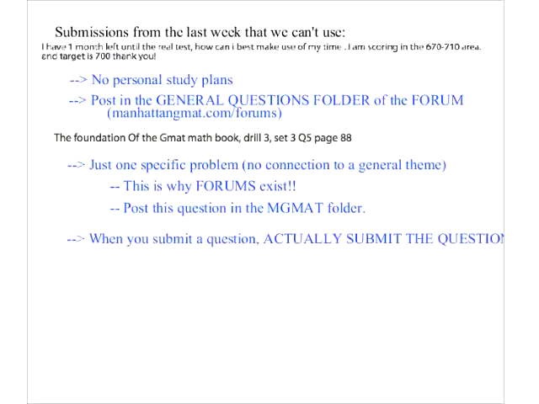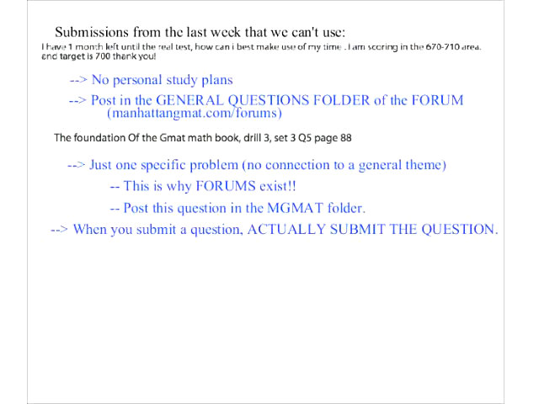You can't just say page number, problem number, because when we make these study halls, we're not always somewhere where we have the books available. So please type the question. And if you have a specific question, you have to connect it to a general theme.